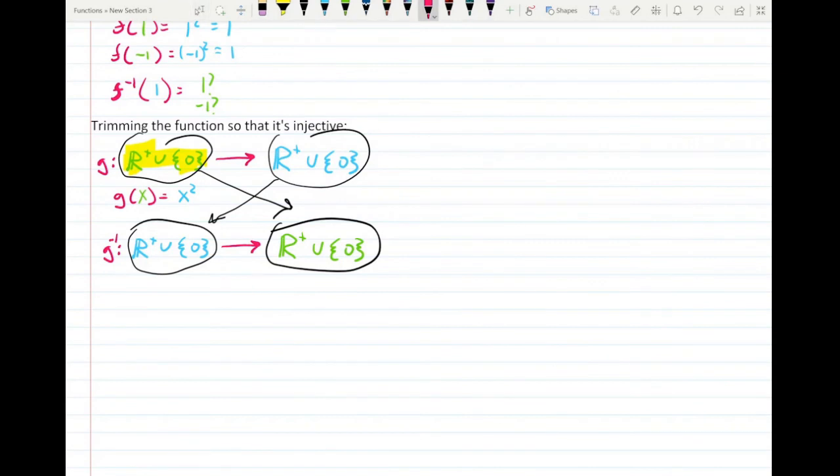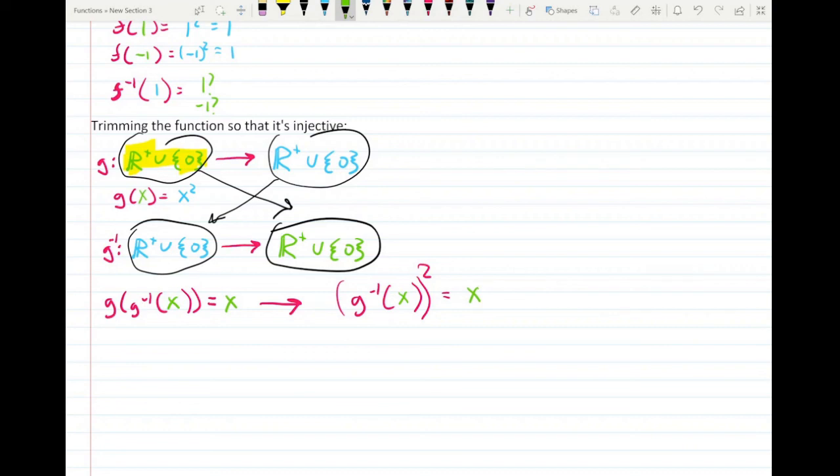And we can even use the trick from before, where we say g of g inverse of x is equal to x, which gives us g inverse of x, squared, equals x.